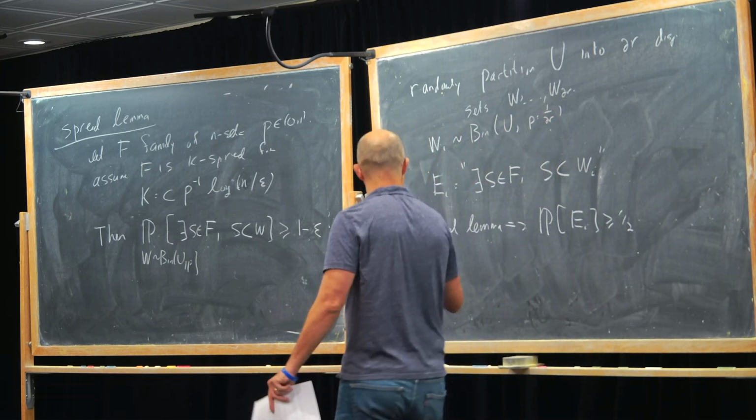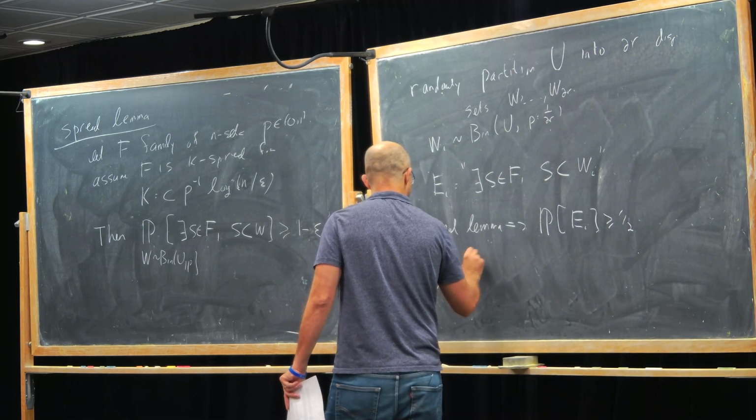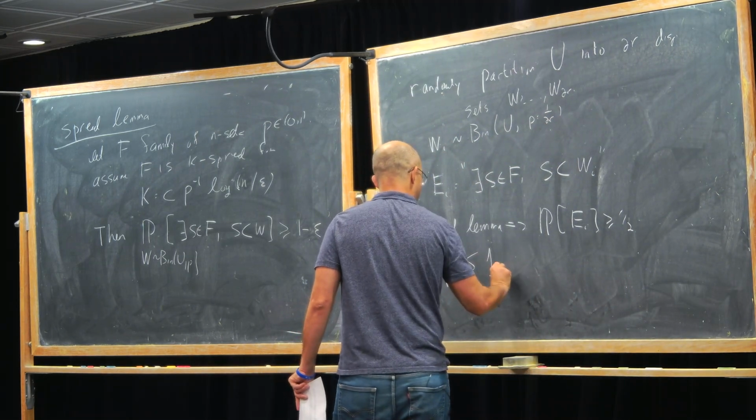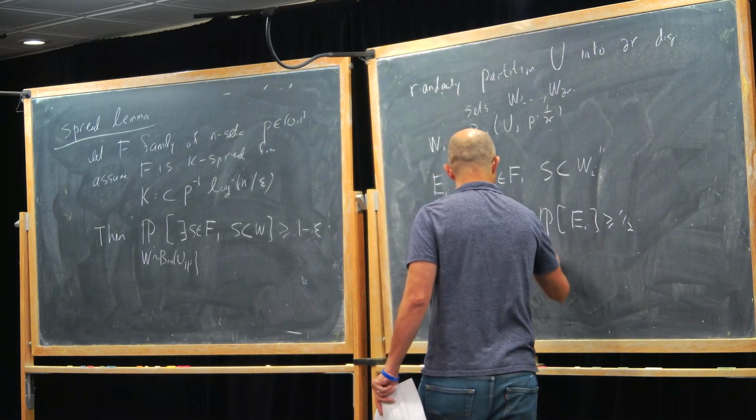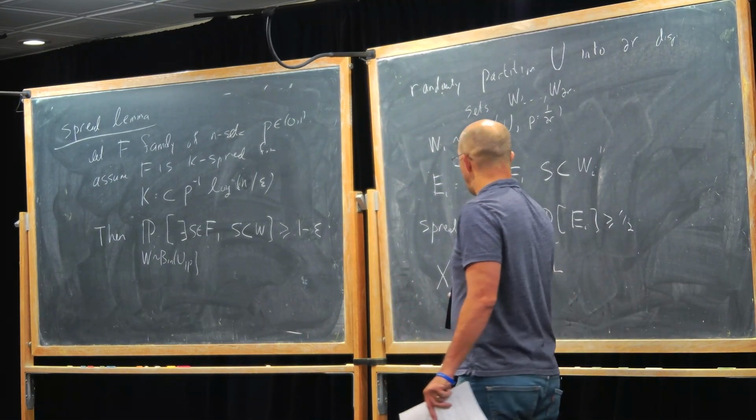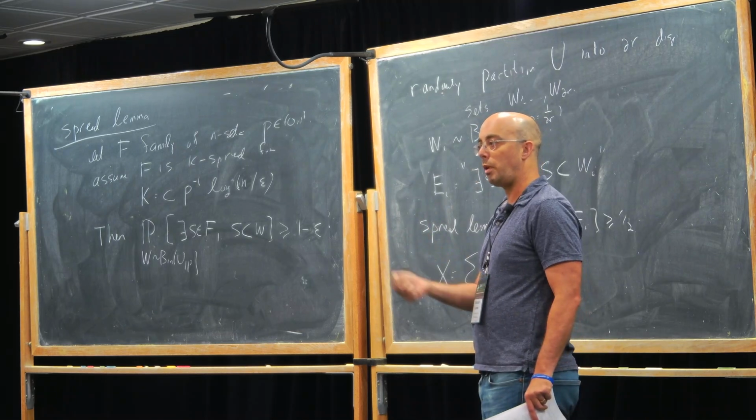So now let X be the sum of these indicators for Ei. Then the expected value counts how many colors have a monochromatic set: 1 monochromatic, 2 monochromatic, 3 monochromatic, and so on.